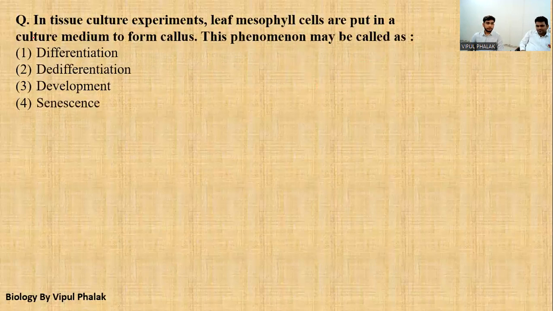Next question, in tissue culture experiments, leaf mesophyll cells are put in a culture medium to form callus. This phenomenon may be called as. So we will see first what callus means.